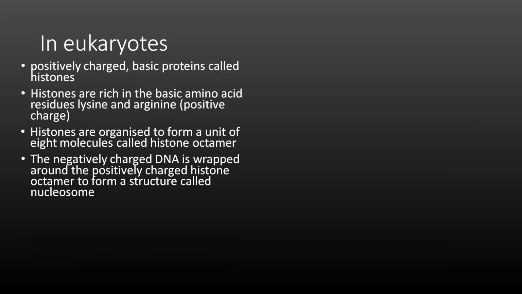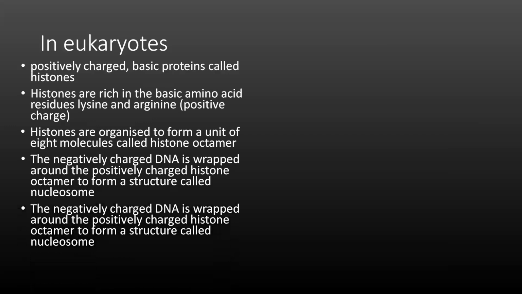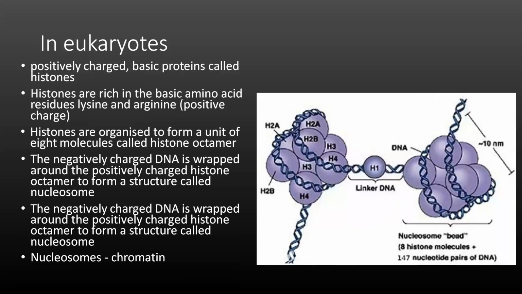Histone and DNA will join together to form a nucleosome. So this is the structure. And I have told you already, nucleosomes will join to form chromatin, and chromatin will join to form chromosome. So this is the nucleosome structure.